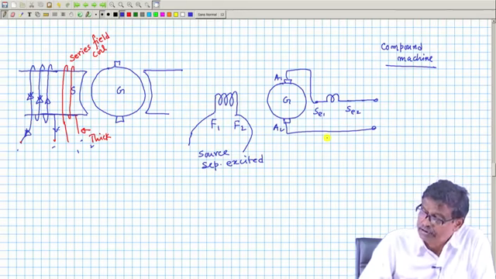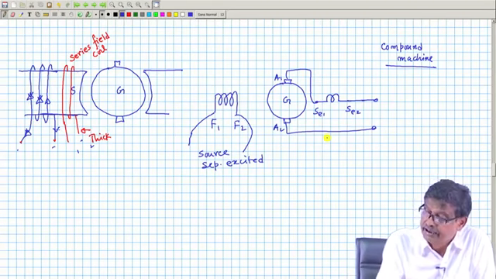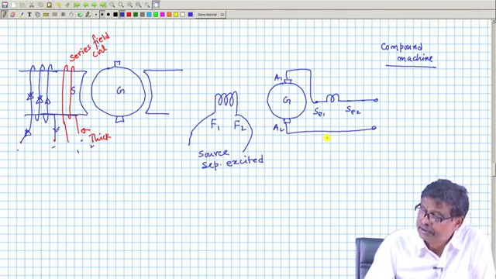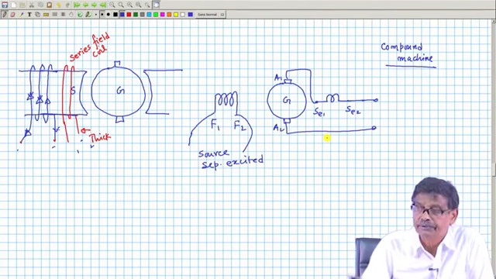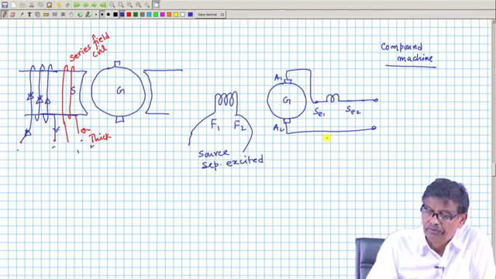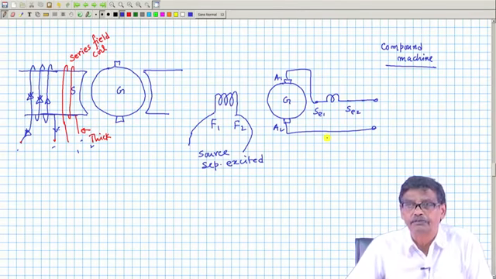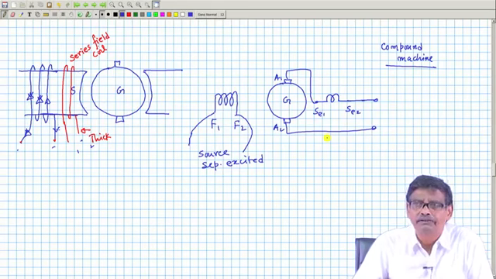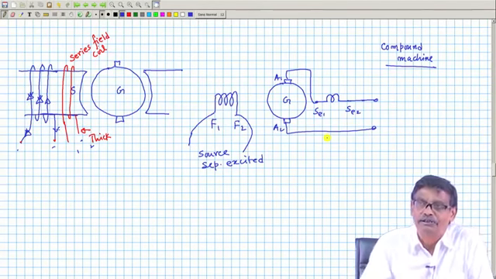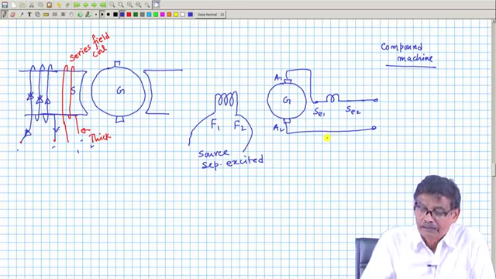So, if load current is not there, this coil, that is the red coil, is not carrying any current, all the flux is like this, and when it is connected in this way, it will compensate for this flux per pole. But distortion of flux will still be there, and on the q axis there will be some voltage induced. I think you have got the point.